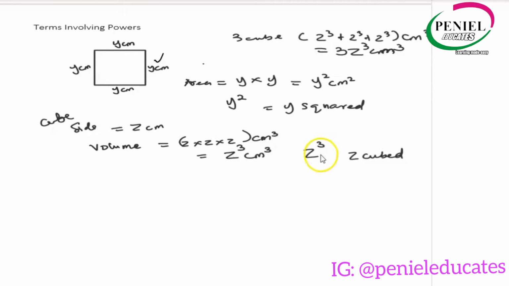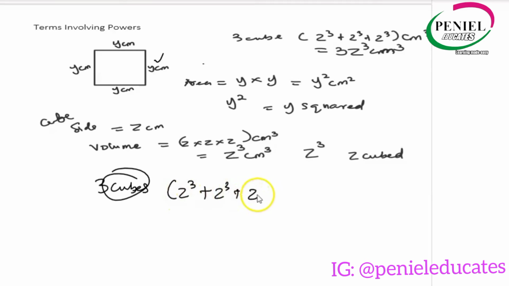So if you have 3 cubes, you're going to have z cubed plus z cubed plus z cubed, because each volume is z cubed centimeter cubed.